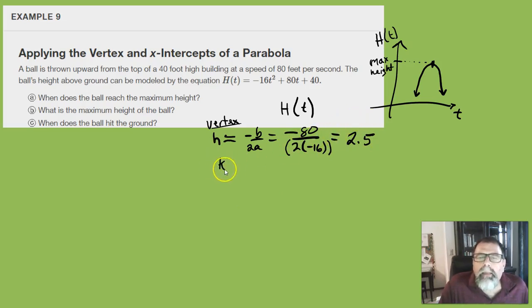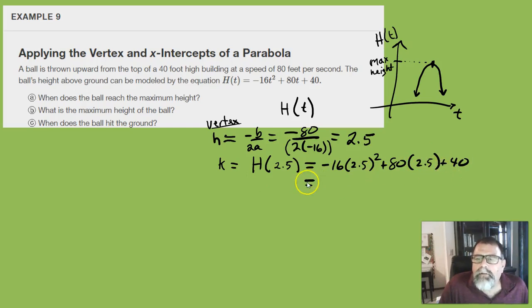Alright, and then k would be capital H of t, for height, at 2.5. So -16 times 2.5 squared plus 80 times 2.5 plus 40.